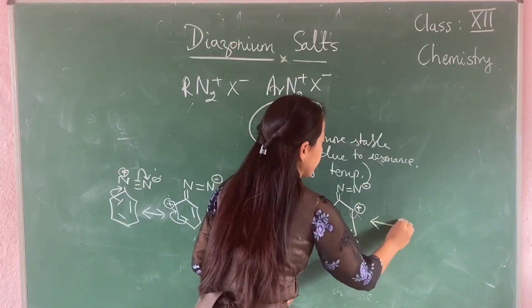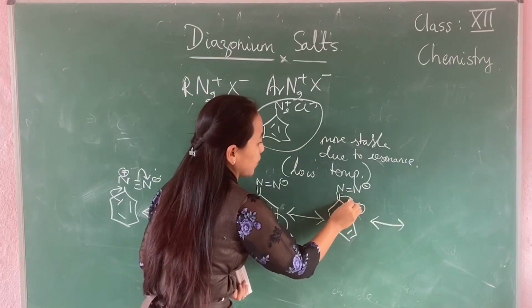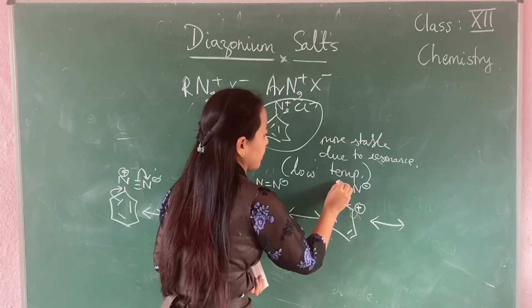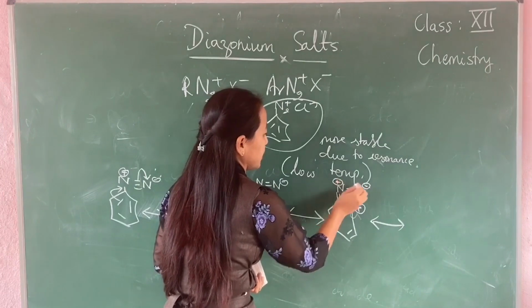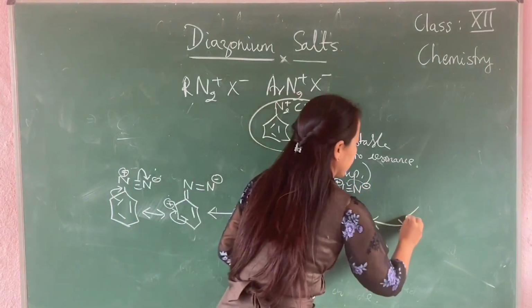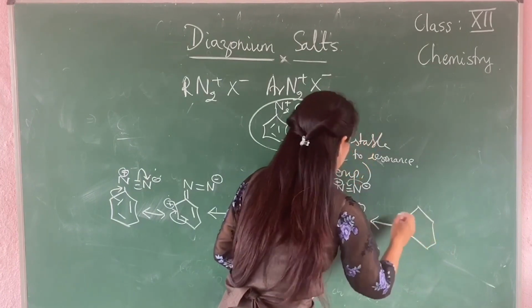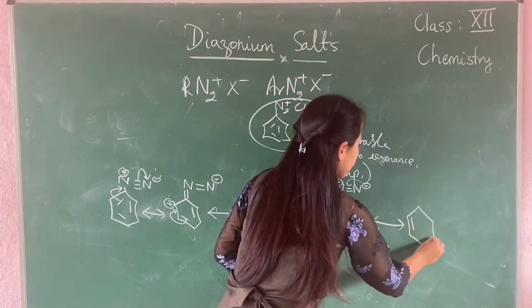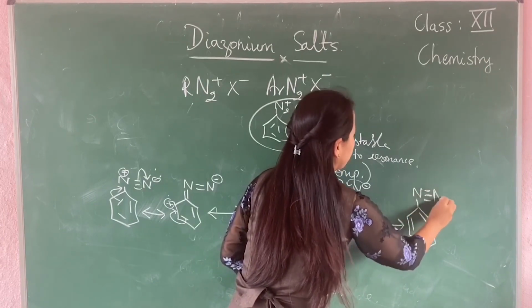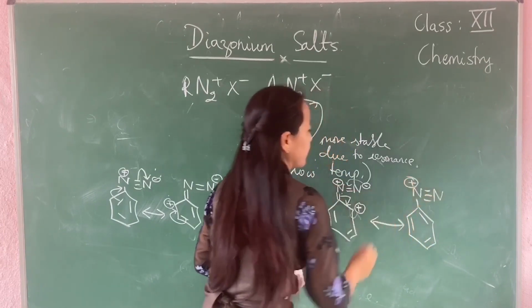Now in the next case, this will come over here to stabilize this positive charge, and N will carry a positive charge, and this will come back and sit in the form of double bond. In this case triple bond, and your structure will be N triple bond N, and this N will carry a positive charge.